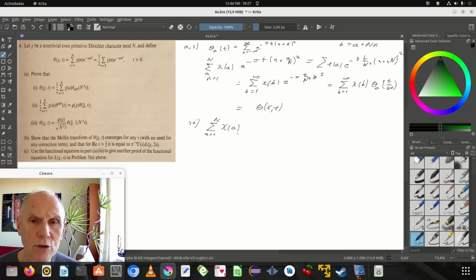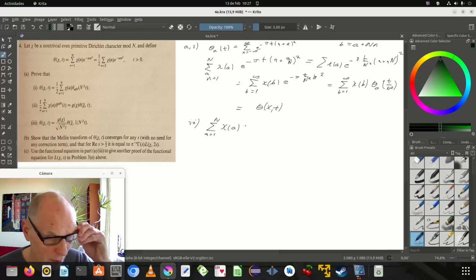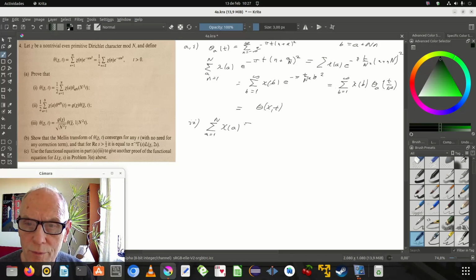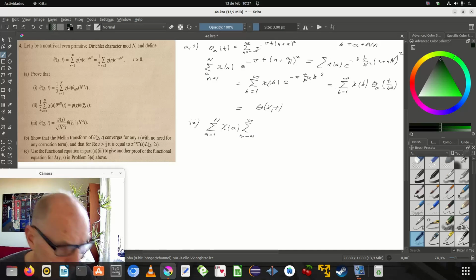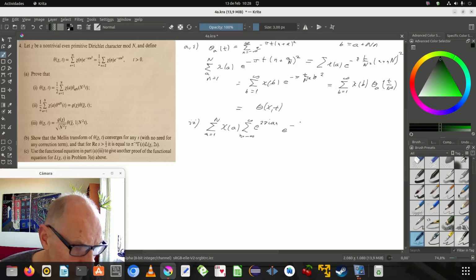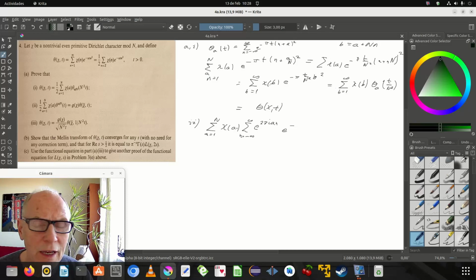And then theta super, which I should have written. And here a is a divided by n.